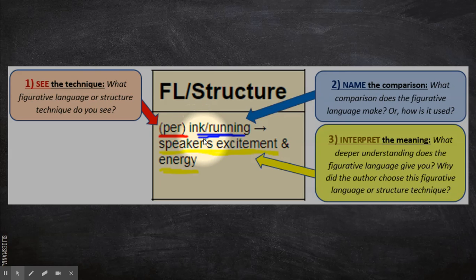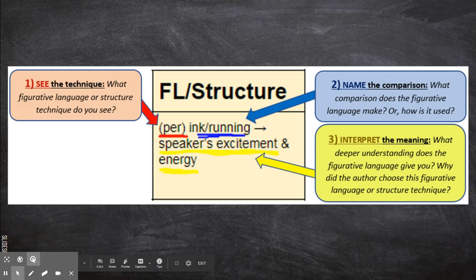We've done the easy part, identifying the figurative language. Now is the hardest part. Step 3, interpret the meaning. What deeper understanding does the figurative language or structure technique give me? What does it add to my literal understanding? Why did the author choose this particular technique here? So I think what it adds to me is that the speaker is not only happy, as I had in my literal note, but this idea of ink running really develops the speaker's sense of excitement and energy. So that's my note here.